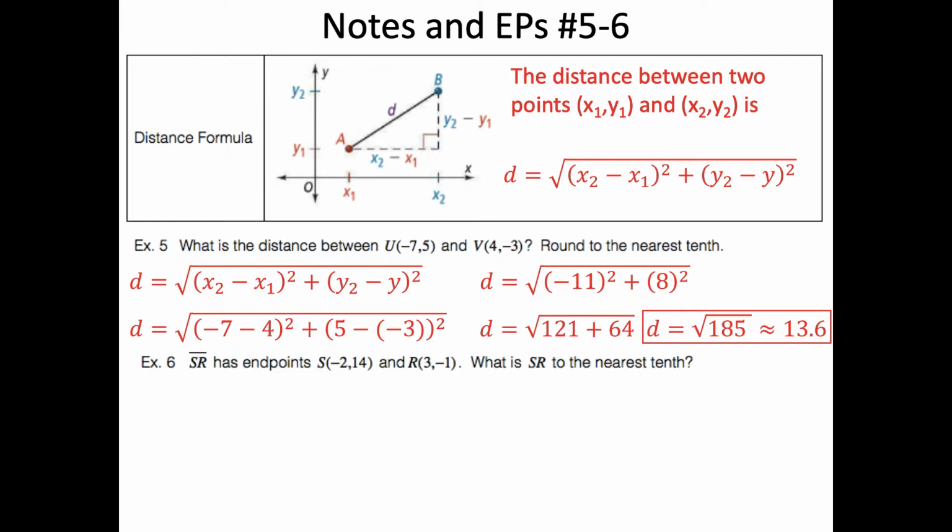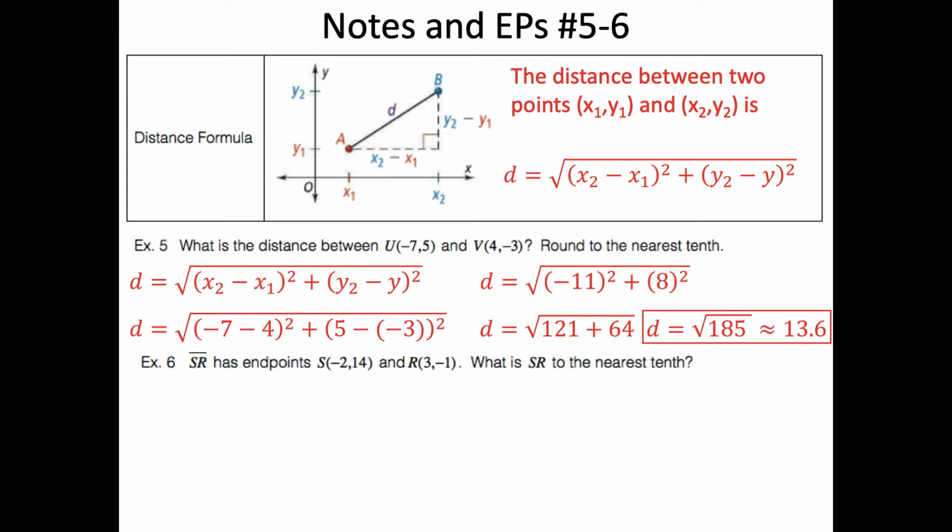So you're saying a different order? Okay, right. So the order wouldn't matter. If it was -7 minus 4, you're going to get -11. If it's 4 minus -7, that's 4 plus 7, that'd be +11. It would still be 121. So the order doesn't matter.